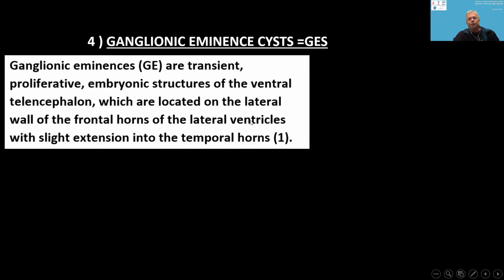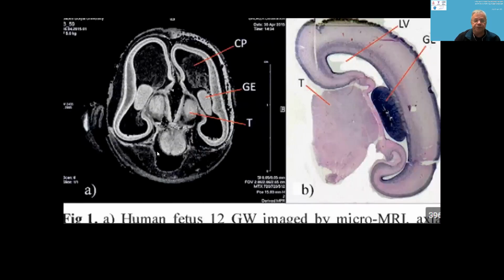The 4th group, the most complicated group, is the ganglionic eminence cysts. Ganglionic eminences are transient proliferative embryonic structures of the ventral telencephalon, located on the lateral wall of the frontal lobes of the lateral ventricles with slight extension into the temporal horns.